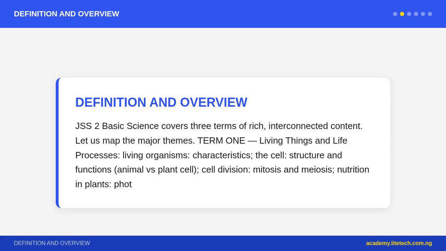Section 1, Rapid Fire Revision, Key Concepts. Cell, the basic unit of life. Animal cell: no cell wall, no chloroplast, irregular shape. Plant cell: has cell wall, may have chloroplast, regular shape. Mitosis, cell division for growth and repair, same chromosomes, 2n to 2n.